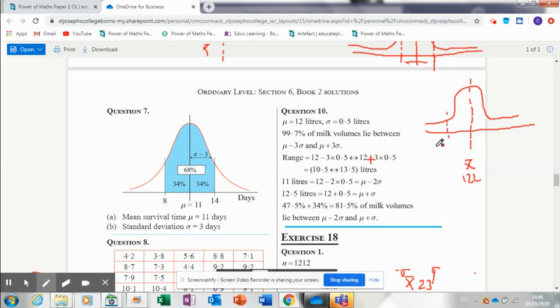So I'll mark it in, minus 2 standard deviations. That's 11 litres. And in the range between 11 and 12.5, this is 1 standard deviation above. That's how you get 12.5.